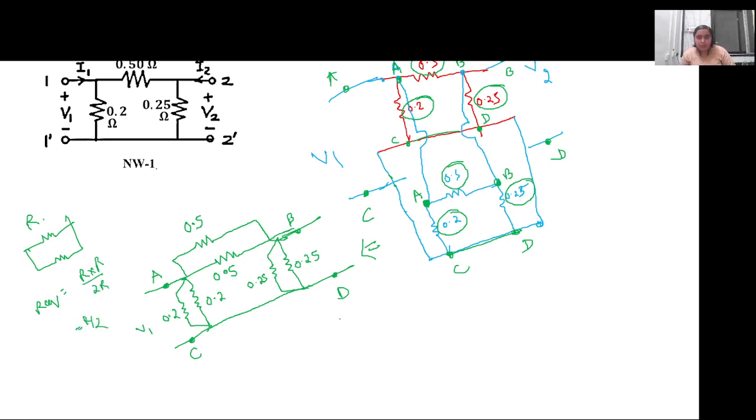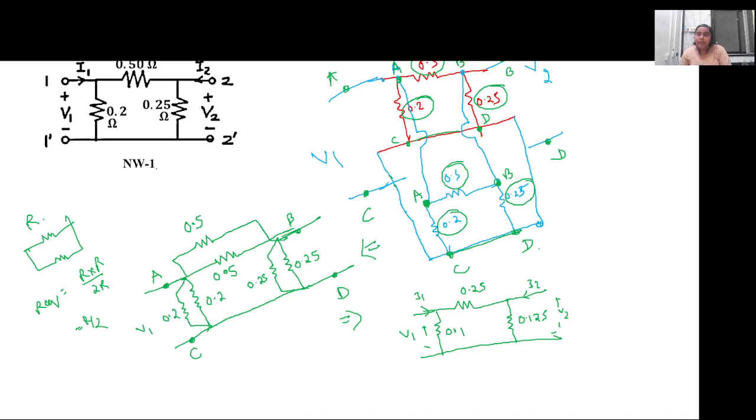So this network can be reduced to a simple network which will have 0.5 by 2, that is 0.25, then 0.2 by 2, which is 0.1, and 0.25 by 2 is 0.125. So this can be reduced to a network where this is I1, this is I2, this is V1, and this is V2.